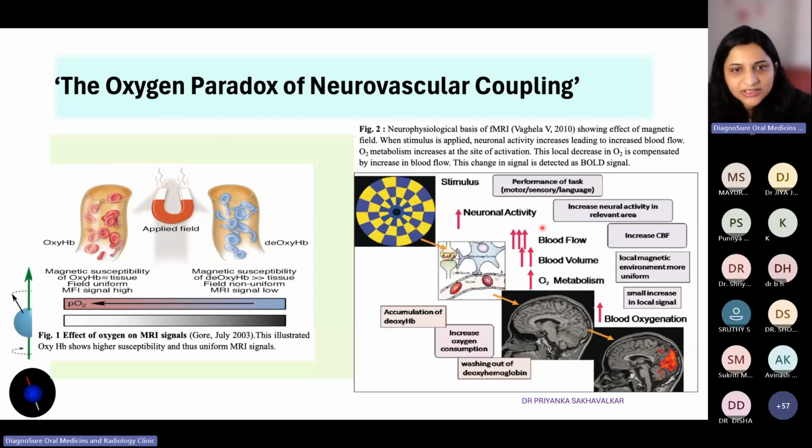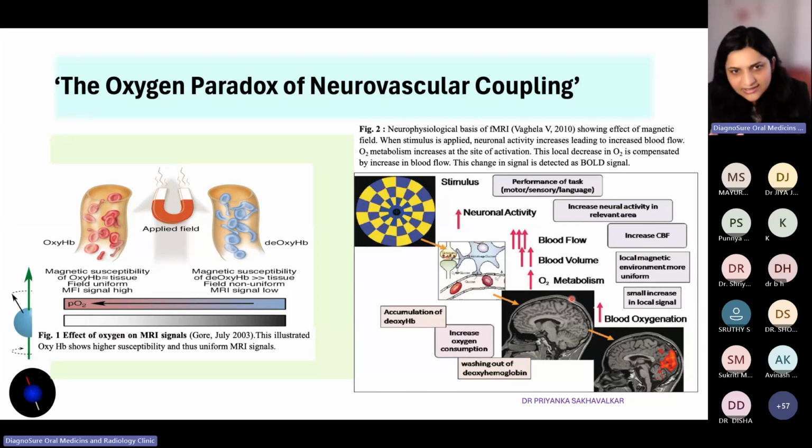So this is increased neuronal activity, increased blood flow. This causes an increase in blood flow and increased cerebral blood volume, resulting in higher production of deoxygenated blood. Deoxygenated blood creates local magnetic field variation, leading to rapid magnetic decay, and so T2 star decay.